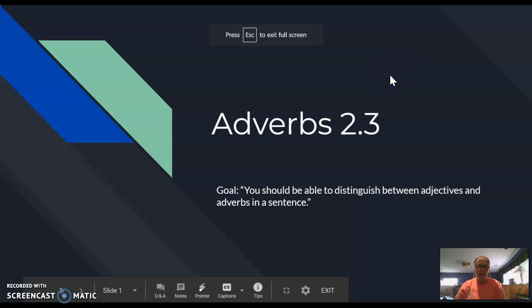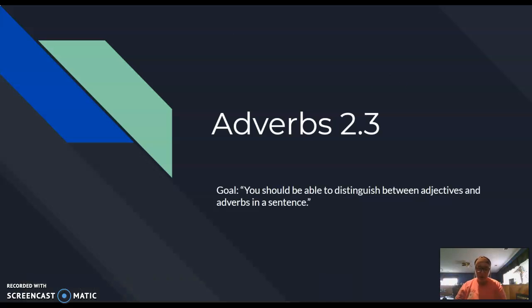Today is Wednesday, and we are covering a very short segment on Adverbs 2.3, which is essentially covering the goal of can you distinguish between adjectives and adverbs in a sentence? And this is really important because both of these parts of speech have very similar roles when it comes to writing, right? At the beginning of the adjectives unit, I explained to you that adjectives are not necessarily something we need to convey a thought, but they really specify a description or a clarification of how something is happening or what it looks like, right?